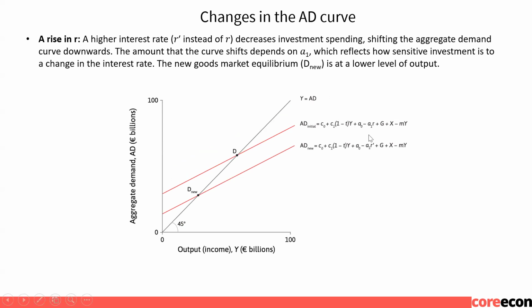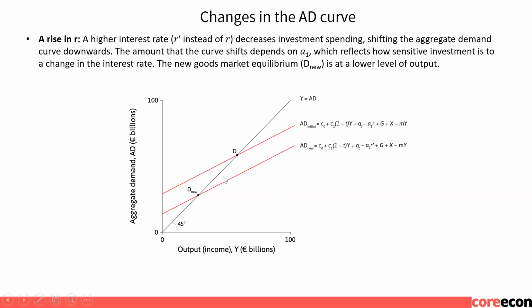Another example could be a rise in the interest rate. Well, notice interest rates initially was R, it becomes R prime, so it increases, and a higher interest rate with A1 being a positive constant will mean a reduction in aggregate demand. Why? Because we have a negative sign here. So the aggregate demand shifts downwards. And the idea here is that we have higher interest rates, lower investments, and again, whoever's producing investment goods, capital goods, they notice there's less demand for their goods and services, and they start firing people.